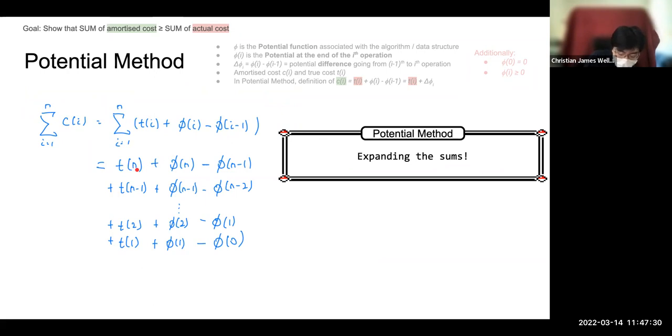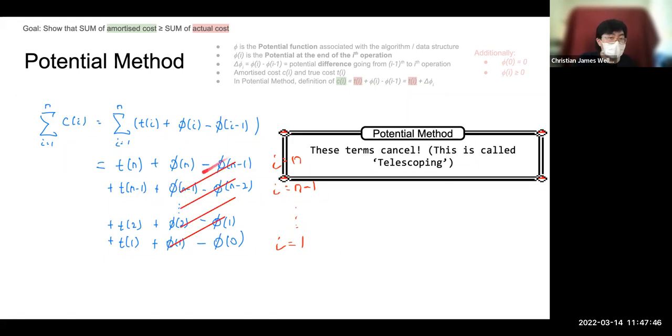So this thing is equal to t_n plus this term, for i equals n, n minus 1, and so on until i equals 1. This is just me unrolling the sums. The neat thing about this analysis, which the Prof briefly mentioned, is that it telescopes. Telescoping means that terms cancel off in this manner.